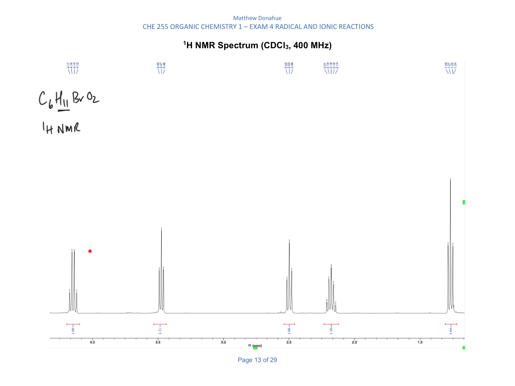Find the unique sets. There's 1, 2, 3, 4, 5. So 5 unique sets. And these numbers here are telling you what the ratio is.